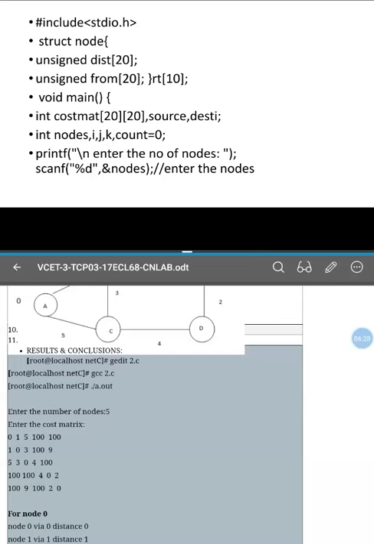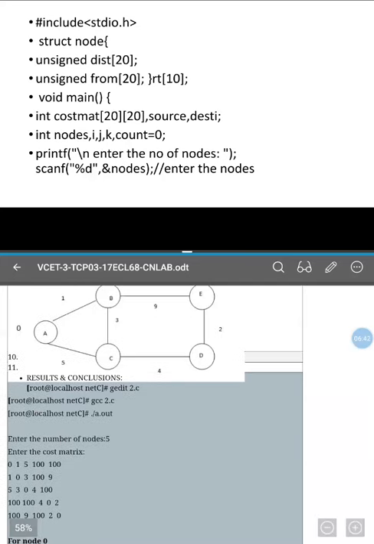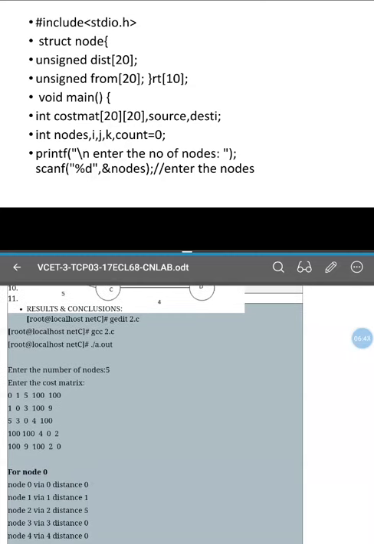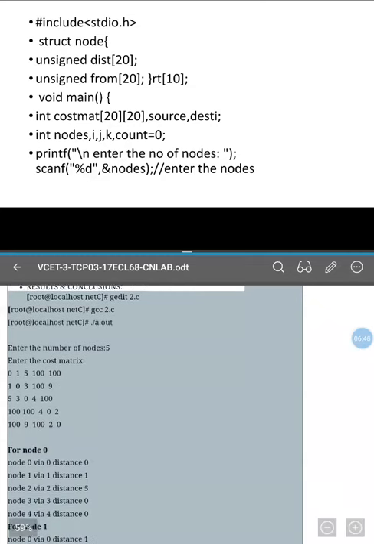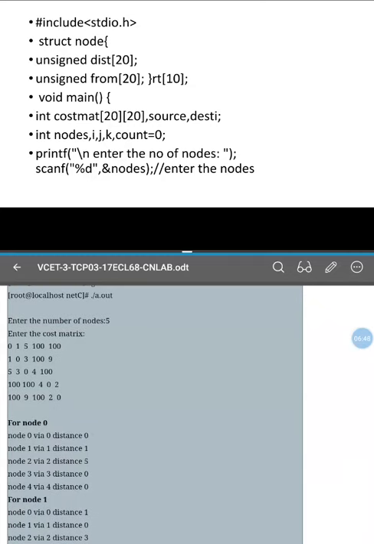The entries are made for A, B, C, D, E. First entry is A to A, then A to B, A to C, A to D, A to E. You can see that A to D and A to E in this cost matrix are written as 100, which means infinite, which cannot be directly connected.